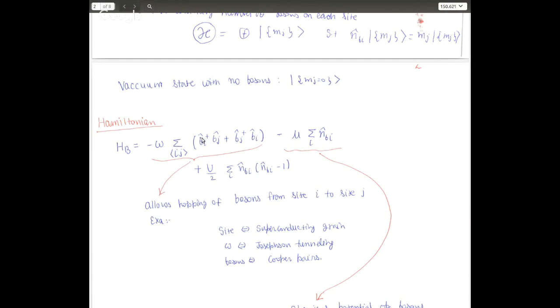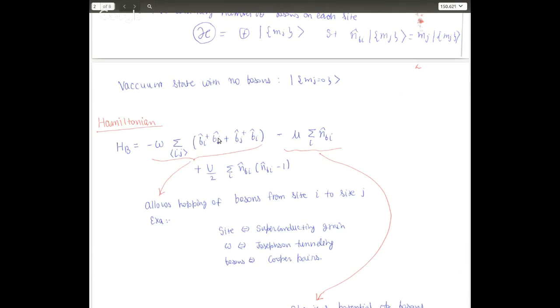Here you have the interaction term which allows hopping between site i and site j. So you have here b_i dagger b_j. That basically means a boson is created at site i and a boson is destroyed at site j, which implies that a boson has hopped from site j to site i. Or you can have the other picture where a boson has been created at site j and destroyed at site i.